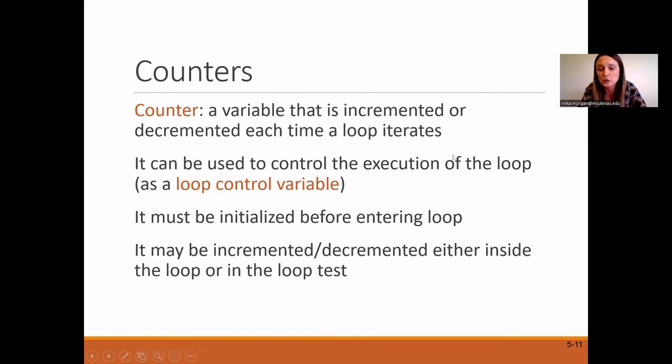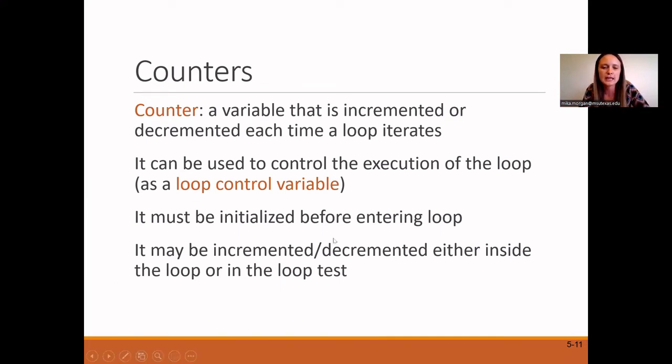It can be used as your loop control variable, depending on if your loop needs to run the same number of times as your count. You do need to initialize it. And when you initialize a variable, initial is just like start. You're just giving it a starting value.